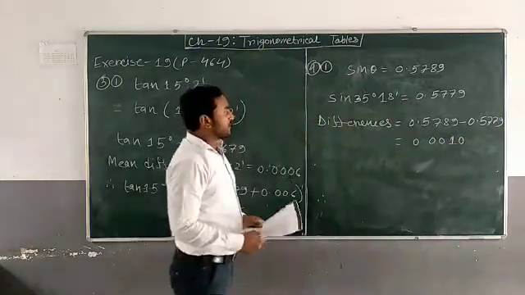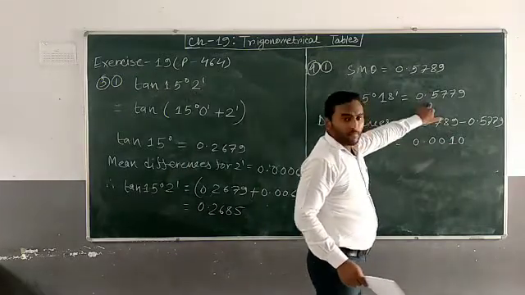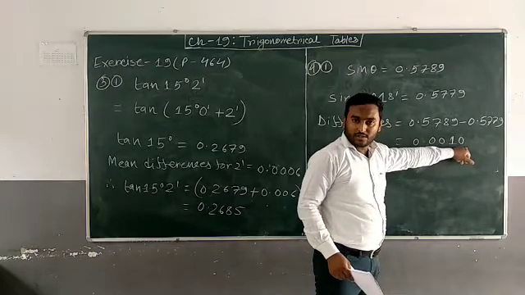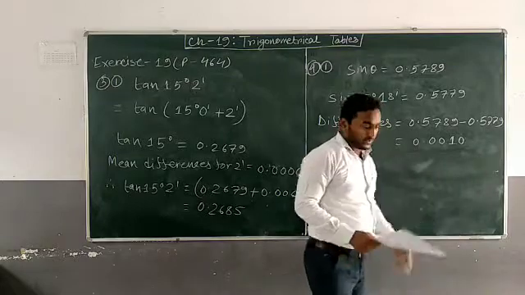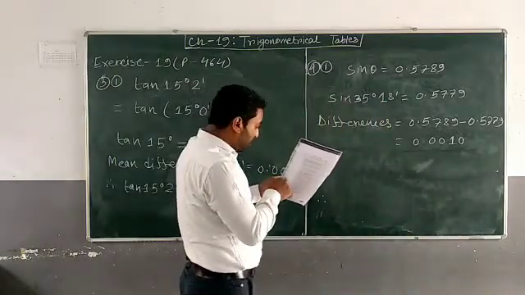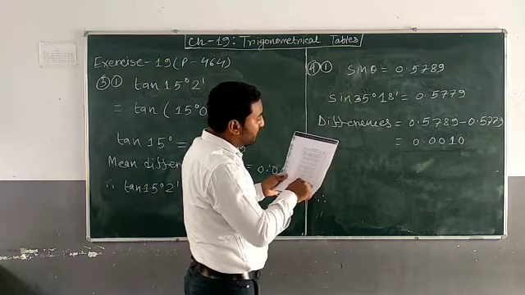So this is the difference between these two. Now you have to find the mean differences for this one. For how many minutes is this the mean difference? See the 35-degree row, 10 is for 4 minutes.